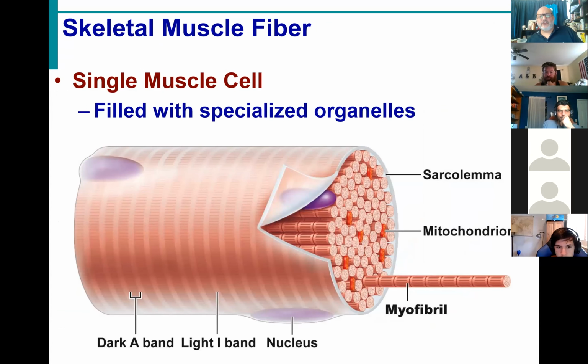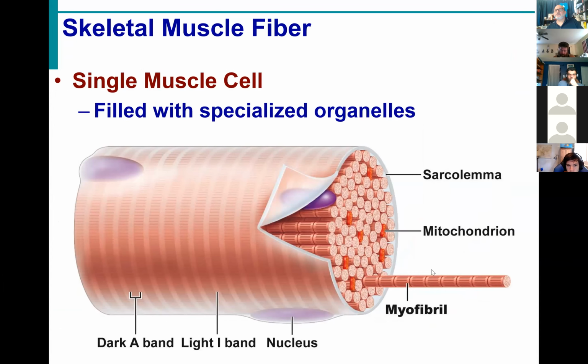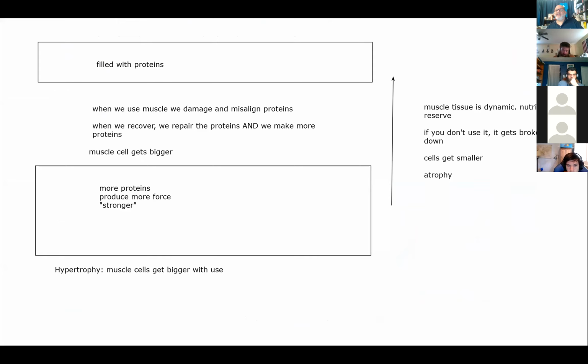So, single skeletal muscle cell. Let's go ahead and go back to our whiteboard and do some more drawing. We are, again, continuing to break things down. So at this point, we are breaking things down and looking at a single skeletal muscle cell.